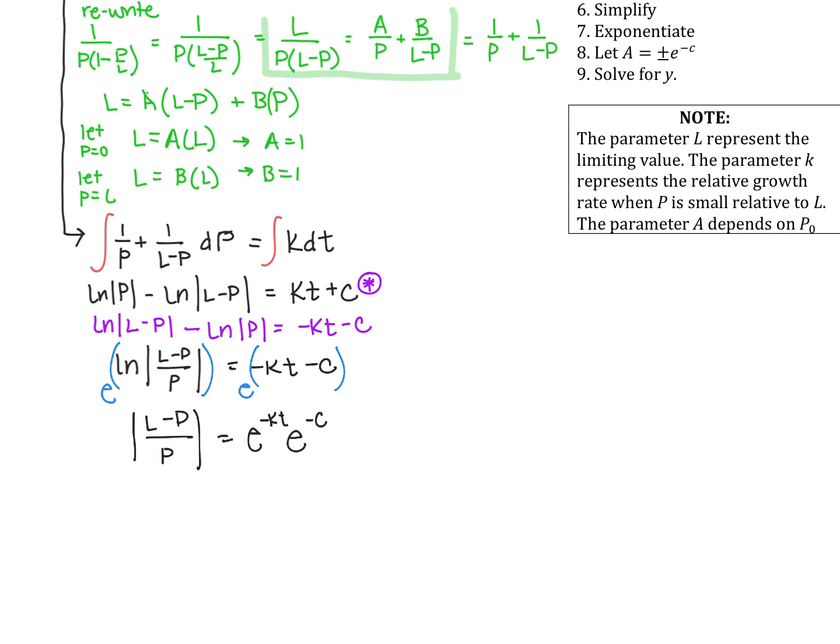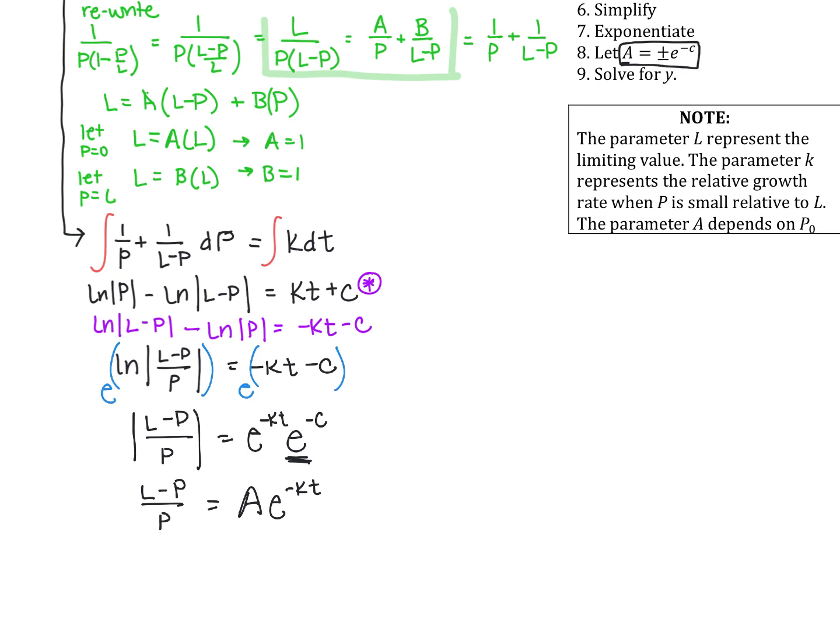This side, the left-hand side, will be L minus P over P equals, we're going to give it some other name. For whatever reason, this name that they use is A. And A represents plus or minus e to the negative C. So A replaces this and the plus or minus from the absolute value, times e to the negative KT.